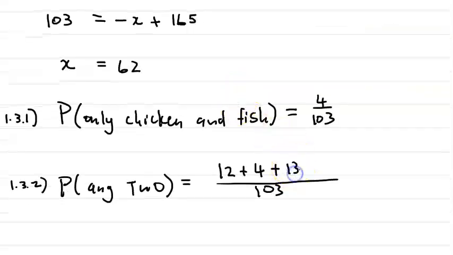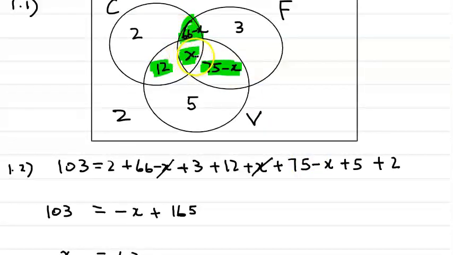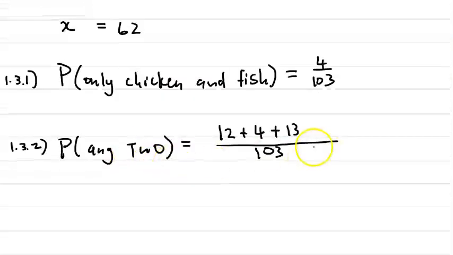Okay, and we can also include x, which is all 3, which will now be 62. So once again, in this particular problem, we can have 12 plus 4 plus 13, which is now going to give us 29 over 103, or you can add the 62, which will give us 91 over 103.